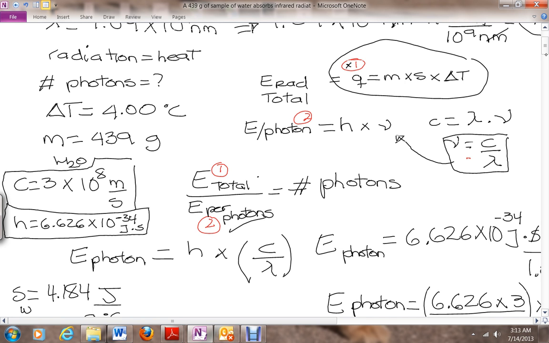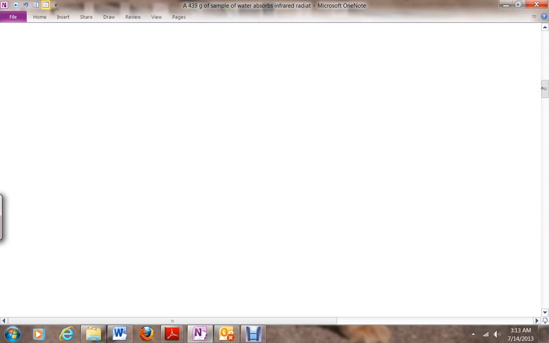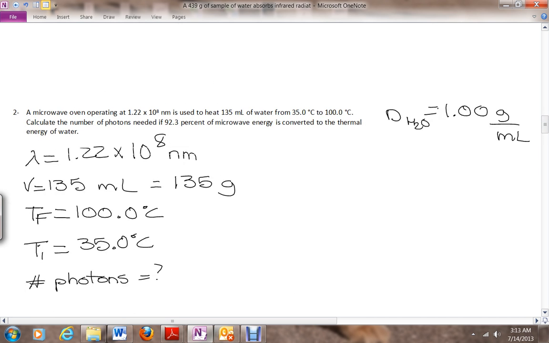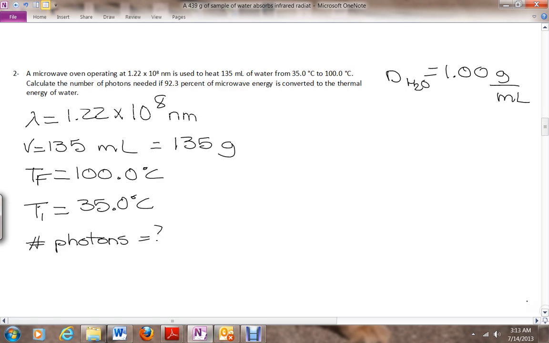In this case, it's not the same, because only 92.3% of the microwave energy is converted to thermal energy, or heat.